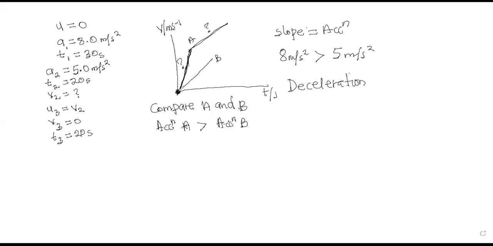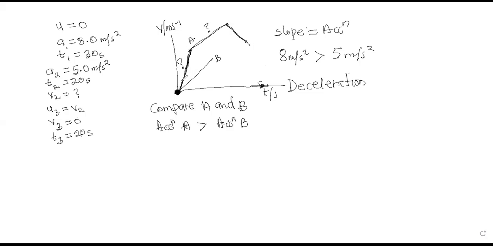So if the motion started from this point and the body is decelerating, you must see the graph pointing to the initial point. At this point, V is 0, so you must see the graph returning to the time axis. That is a deceleration. But here, the acceleration is just reduced.